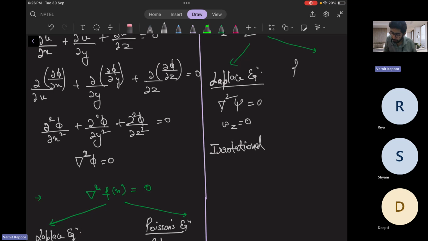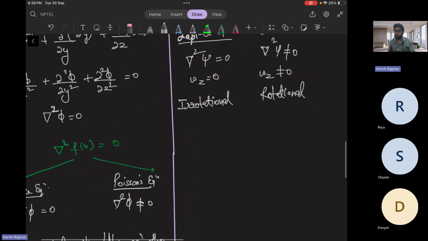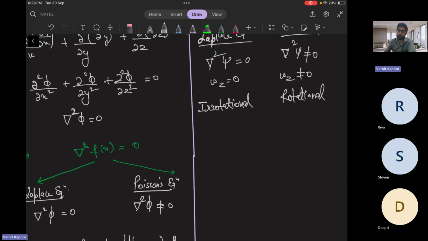But if I say, as per Poisson's equation, the grad square of psi is non-zero, that means omega of z is non-zero. So that means the flow is rotational. So my psi function can be defined for both rotational and irrotational flow. So there will be a situation of flow net. When only rotationality is there and psi is the stream function, it denotes streamlines.